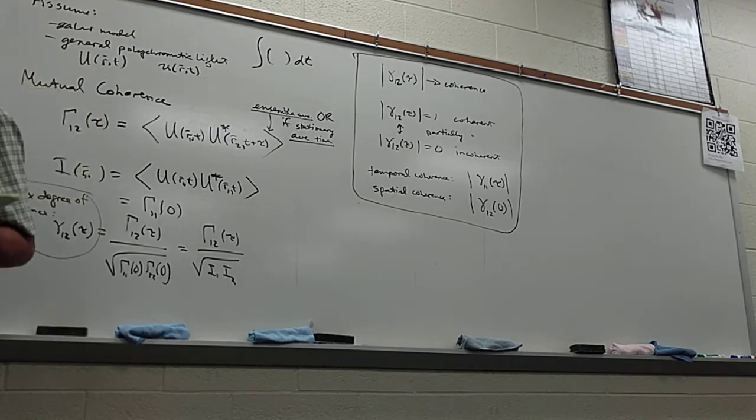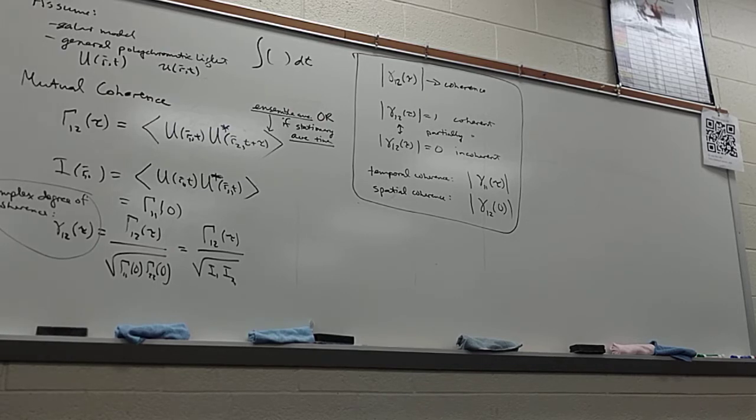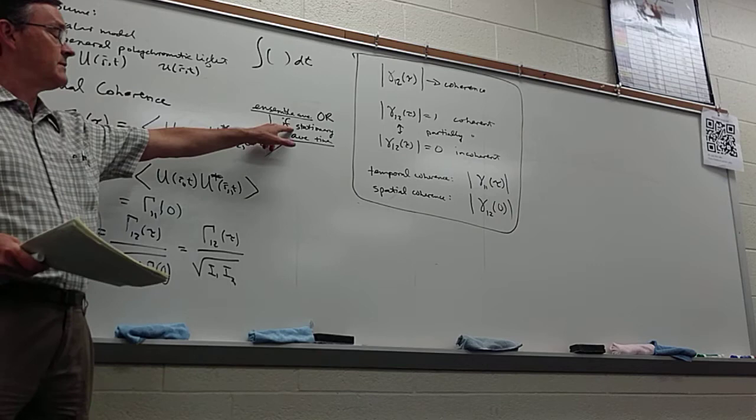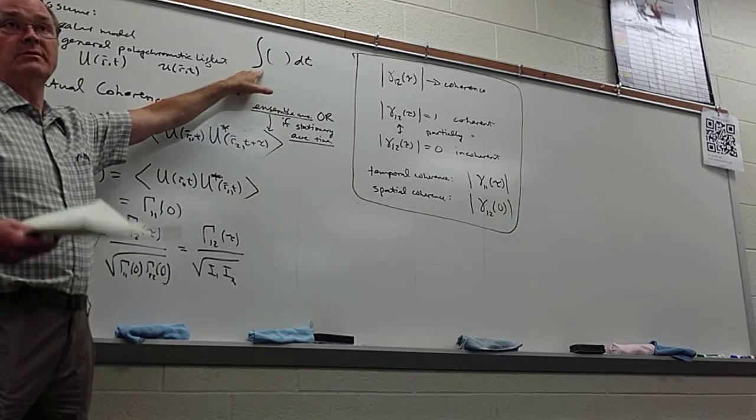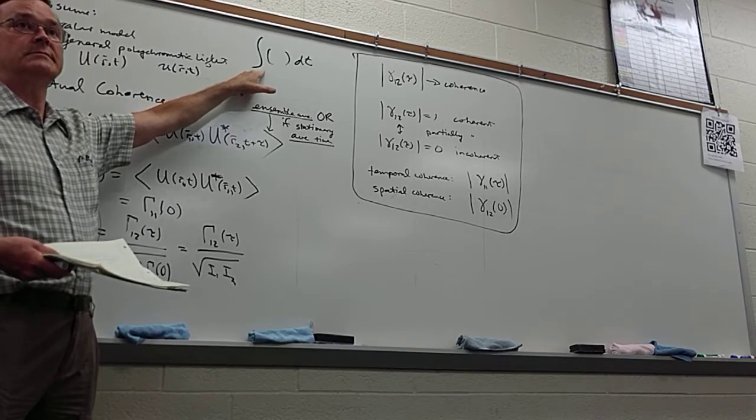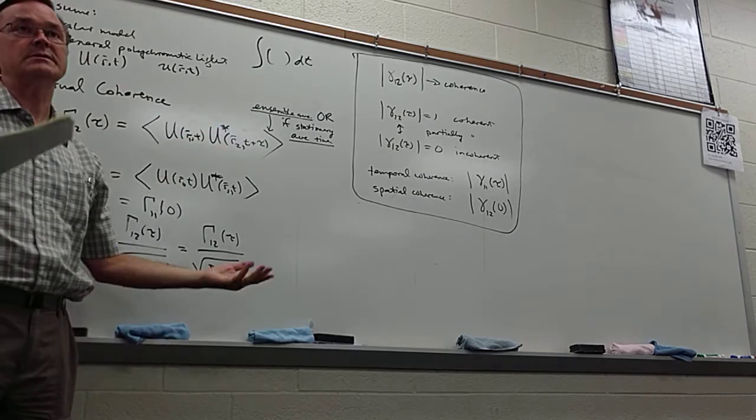If it's periodic, the integral is over one period. But for non-periodic, what is the time interval we're integrating over? Something short, but not too short. That's about all we can say at this point. But if the light is stationary, meaning that the irradiance is constant, then this integral could be from 0 to infinity, because the irradiance never changes, so it doesn't matter.